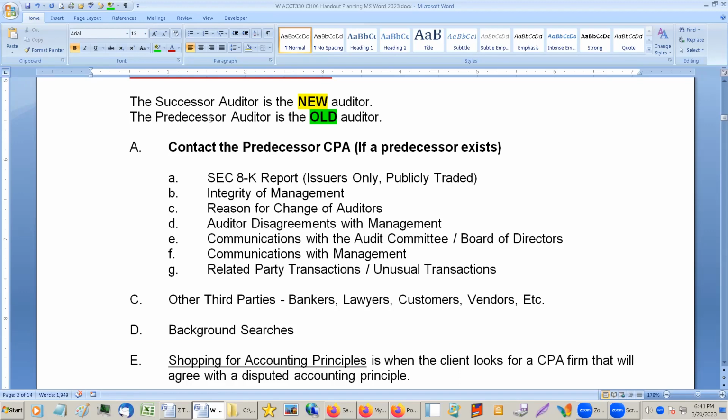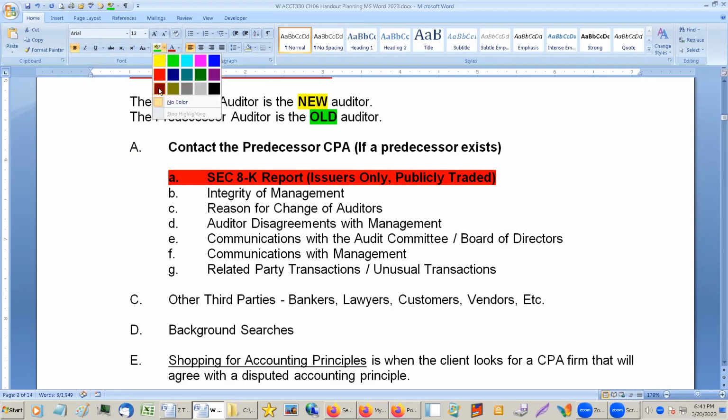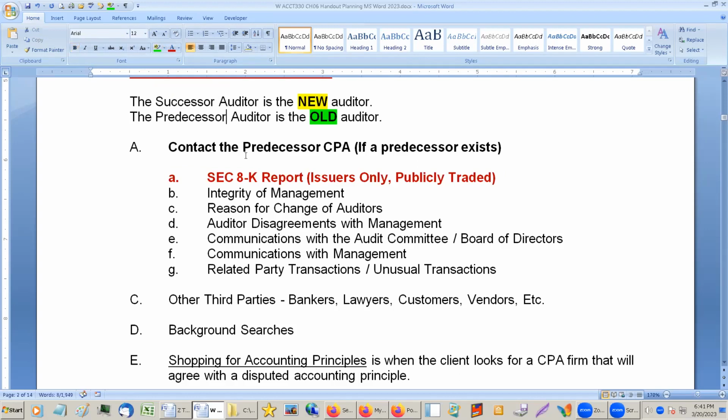Okay, and if it's publicly traded, you will get what's called an 8K report. An 8K report is filed with the SEC, and it's for anything that a company does.